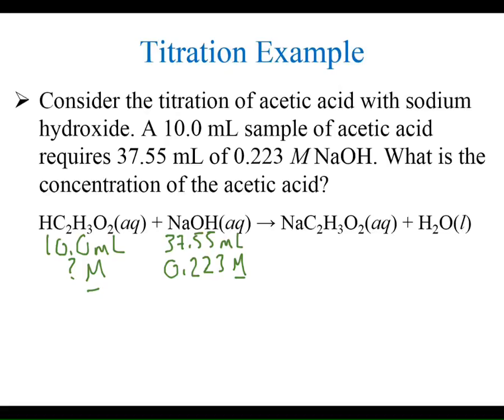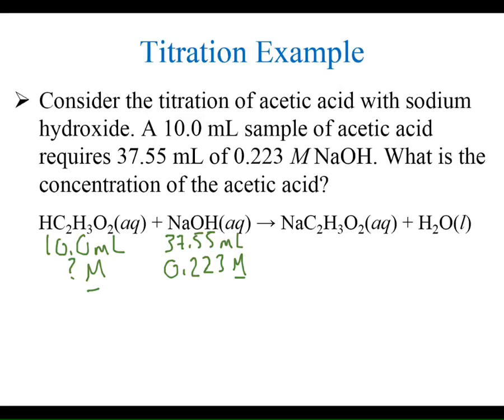It stayed clear, stayed clear, stayed clear. Boom! It turned pink. When did it turn pink? It turned pink after I added 37.55 milliliters. Oh, okay. So however many moles of base I added, that must have been equal to the moles of acid that were down here.